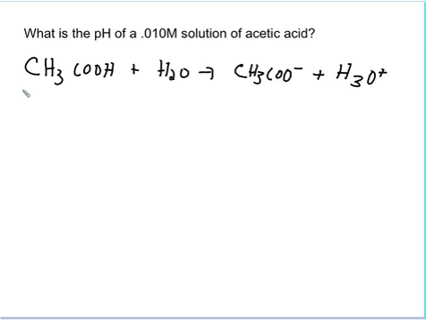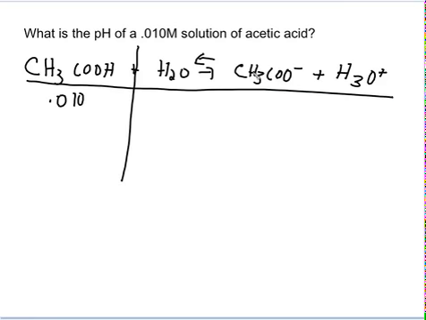Initially this is 0.010 molar, but this is a weak acid, and weak acids only dissociate partially. So at equilibrium, you're not going to have all of this 0.010 molar change into 0.010 molar of this and that.